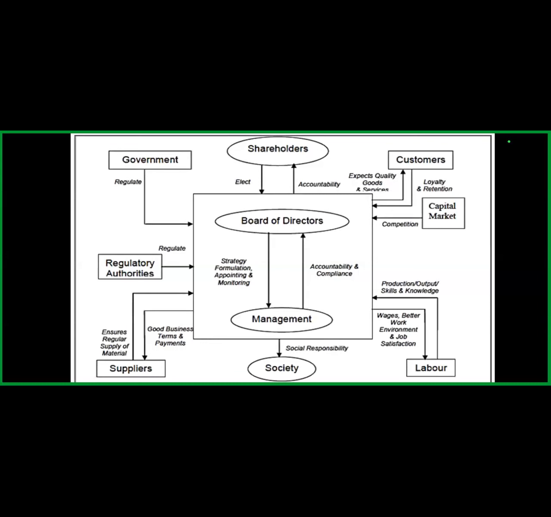So if the company is into manufacturing, or if the company provides services, those services and those goods should be of good quality. That is what is expected. Then capital market, we all are aware what is the role of the capital market. Then the last one is production, skills and knowledge, wages, better work environment, and job satisfaction for employees.